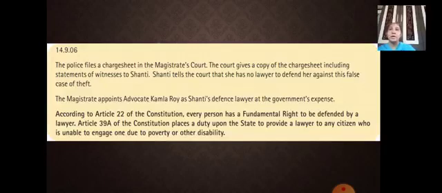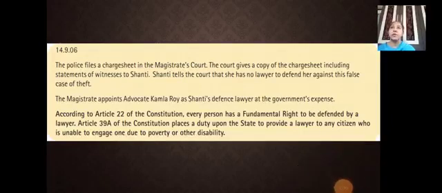So according to Article 22 of the Constitution, every person has a fundamental right to be defended by a lawyer. According to Article 39A of the Constitution, the state has a duty to provide a lawyer to any citizen who is unable to engage one due to poverty or other disability.